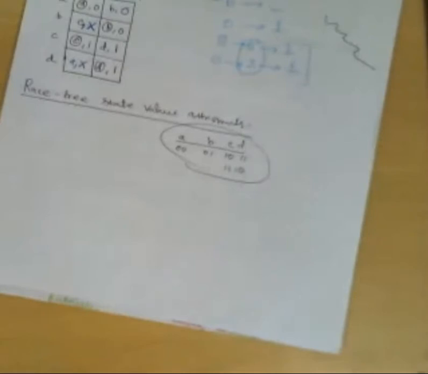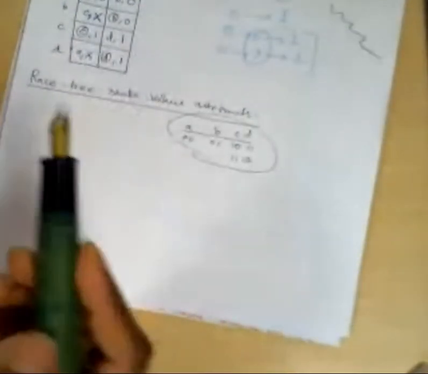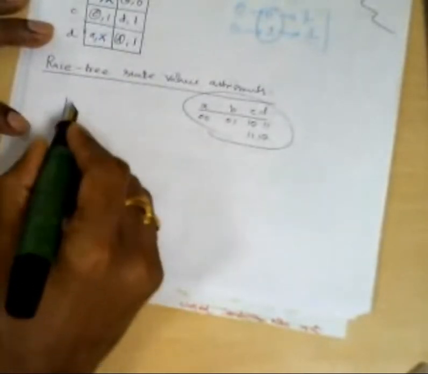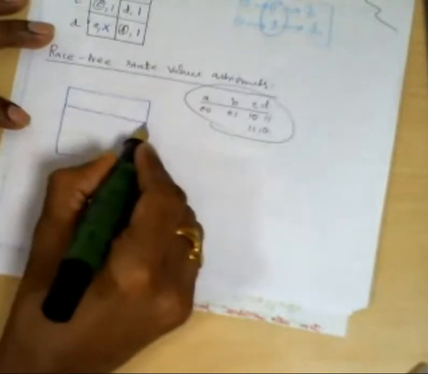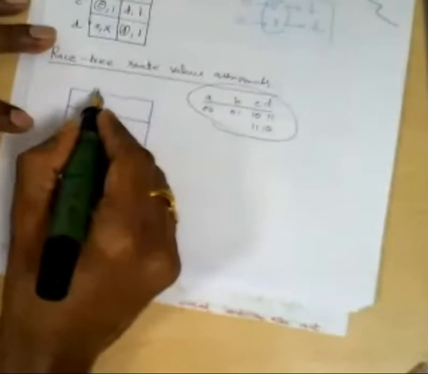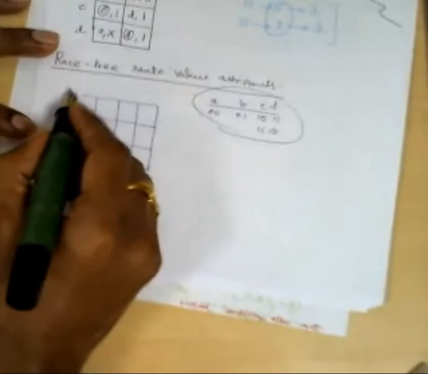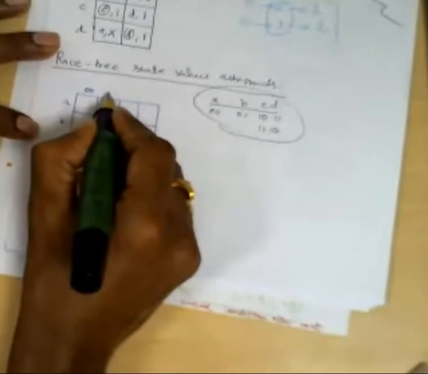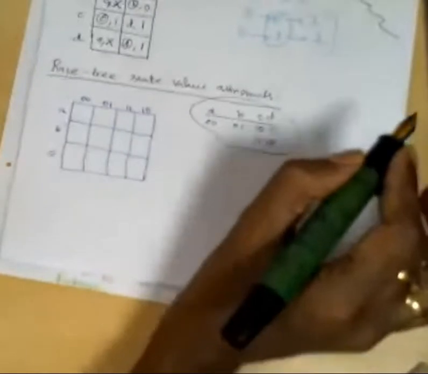Now we will understand these assignments. I'm taking one example. States A, B, C, with inputs 0 0, 0 1, 1 1, 1 0.